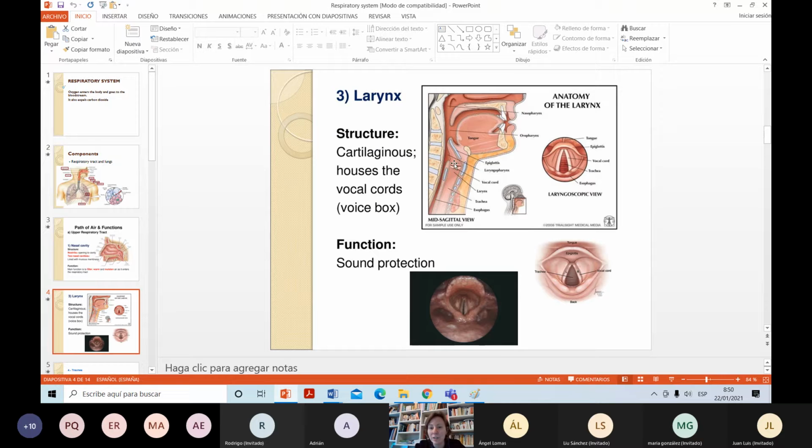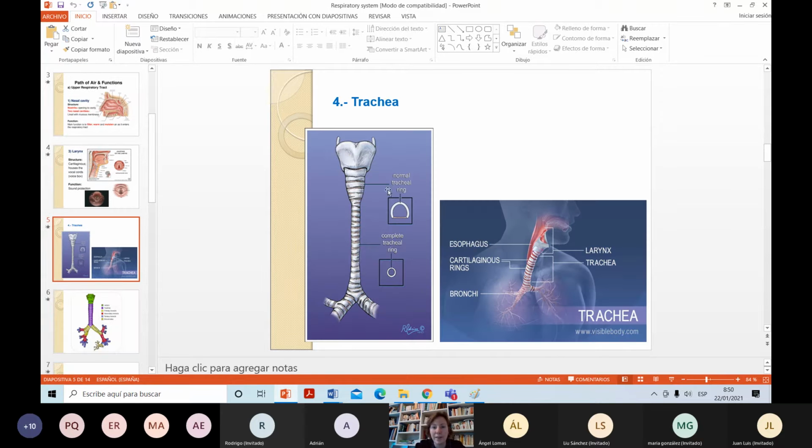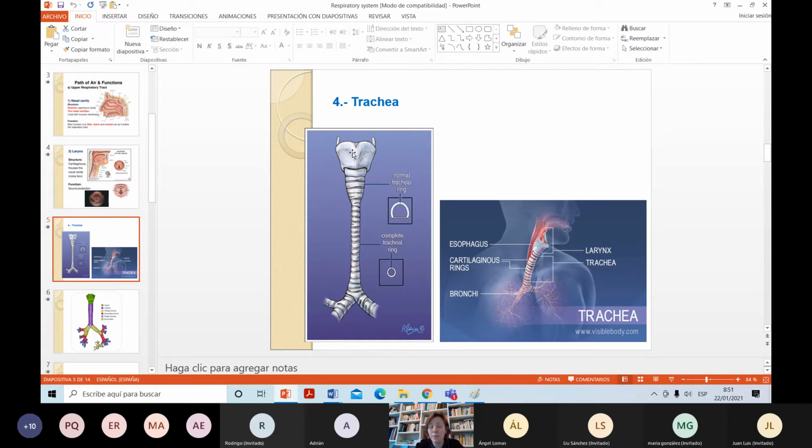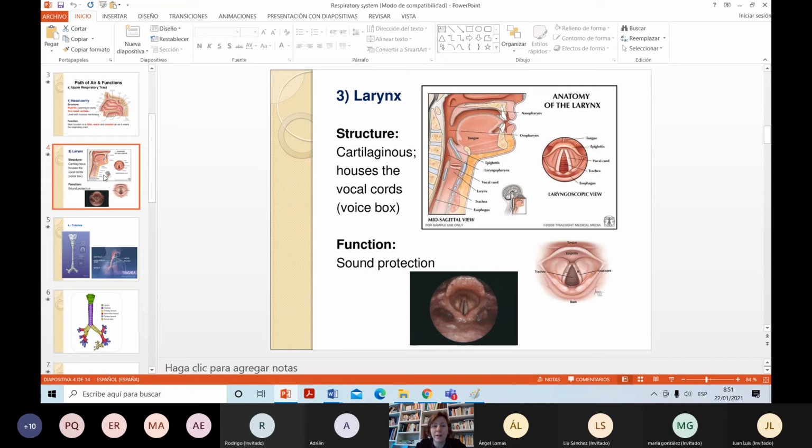Okay, in the larynx, which is this structure here, inside I've got the vocal cords, but the larynx is all this fragment here, this part of the tube that is protected in a better way because it contains this very important organ that are the vocal cords.